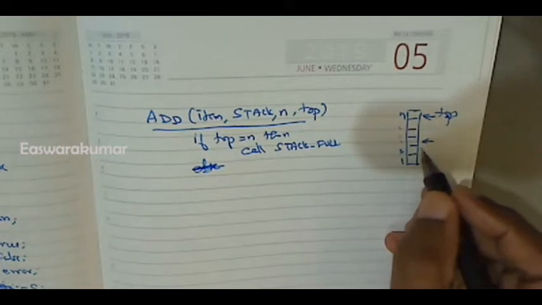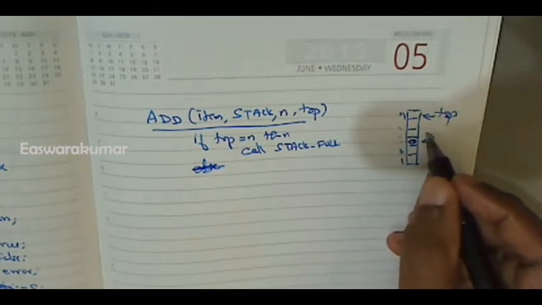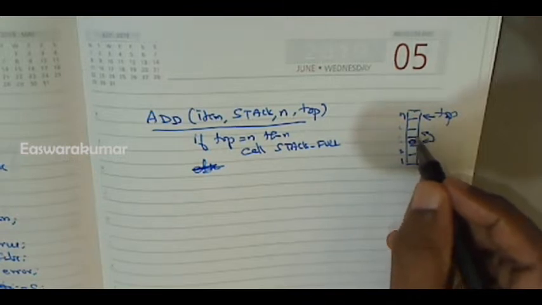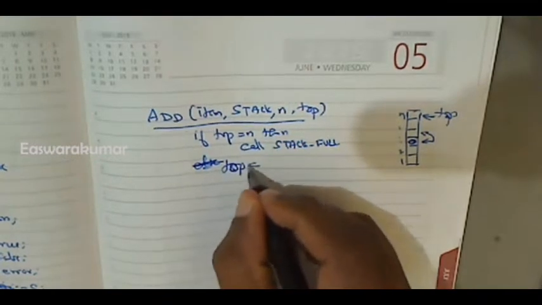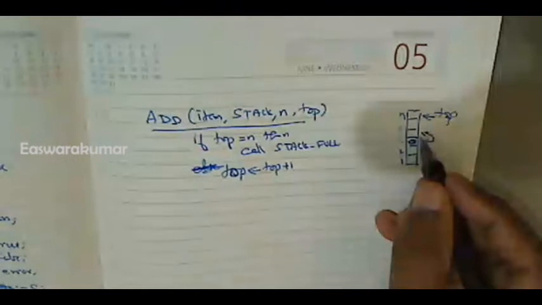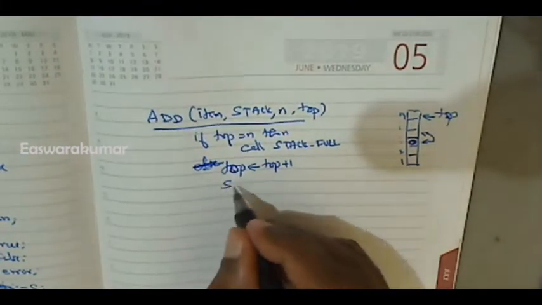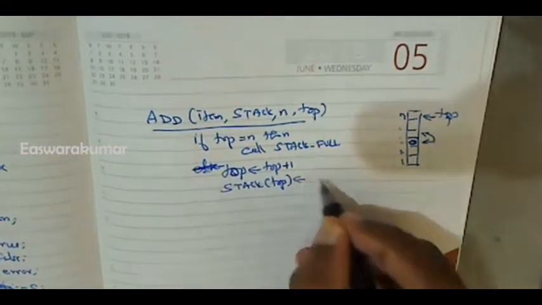Now suppose this is a position where the topmost element is available. What do we have to do? We have to increment the top to point to the next position. So top is equal to top plus 1. In order to accommodate the new element, after that we do stack of top is equal to item.